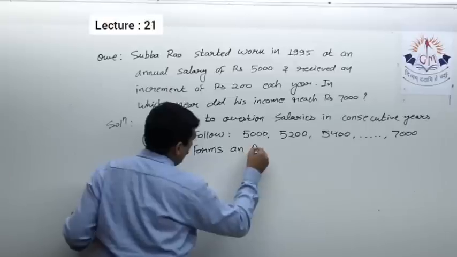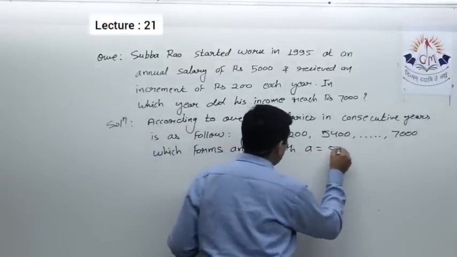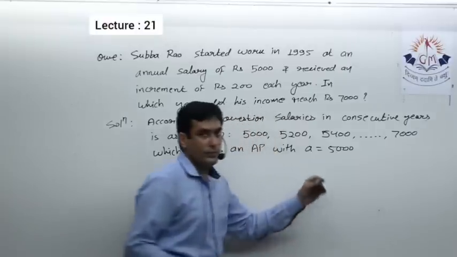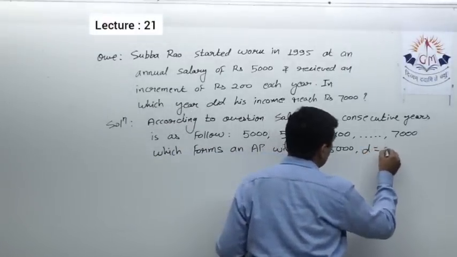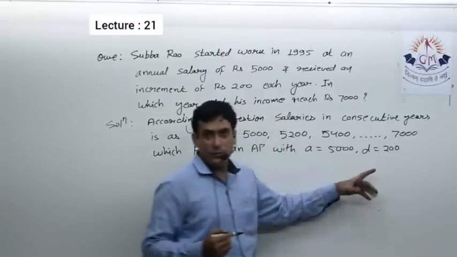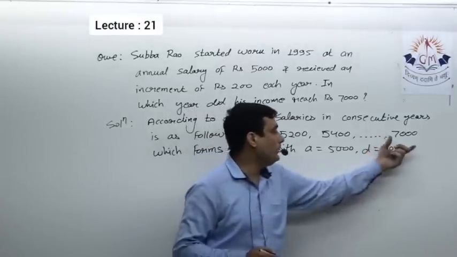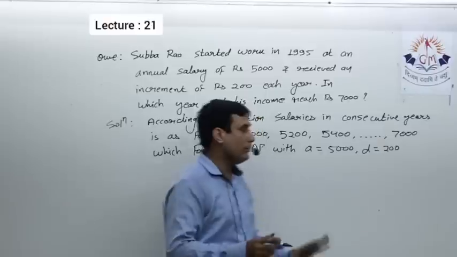An AP with a equal to 5,000, where the first term is 5,000, and d equal to 200. We won't say l is 7,000 because we don't know whether after getting a salary of 7,000 he left his job or not.